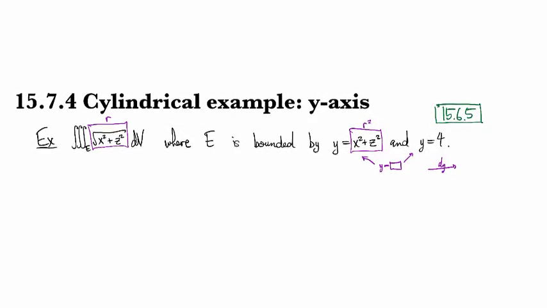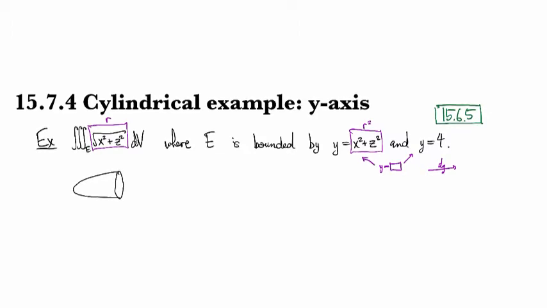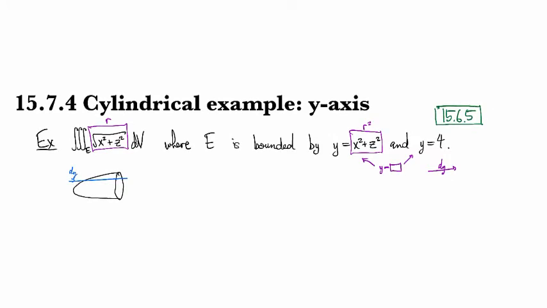So our region looks something like this sideways opening paraboloid. And so if we're going to do a dy integral first, then imagine it being pierced by some line parallel to the y-axis. And you say, okay, so where do we first hit?